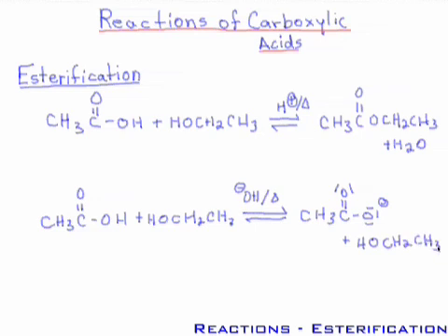So how does this reaction occur? How does the esterification reaction between alcohol and carboxylic acid actually proceed? Well, we can envisage several possible reaction mechanisms. For example, we've all had experience with alcohol chemistry.